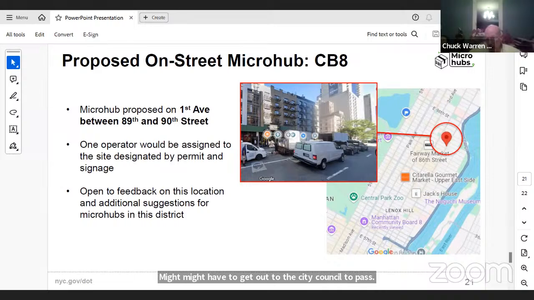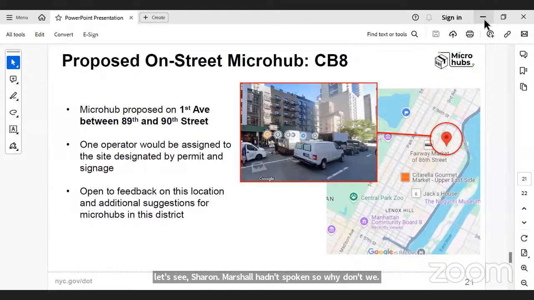Then let's see, Sharon Pope Marshall hadn't spoken, so why don't we recognize Sharon? Thank you, Chuck. And also thank you, DOT. It's a great presentation and I very much support it. I have a couple of questions. Right at the very beginning, you said the cargo bikes, that there would be restrictions with regard to size as well as weight.